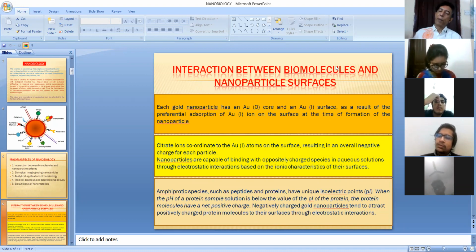That means we have kept the protein in a solution which has pH 2. Now this protein becomes positively charged.